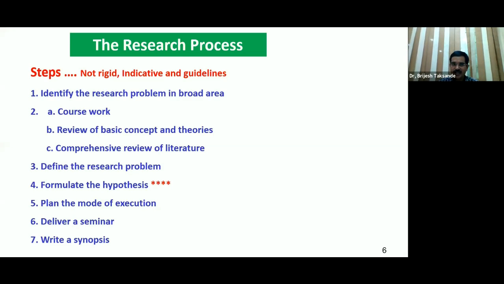Review of literature, comprehensive review of literature, then definition of your research problem. After definition of your research problem, formulation of hypothesis. Once you complete these 4 stages, very critically, believe me, you would be in a position to write your first review paper.